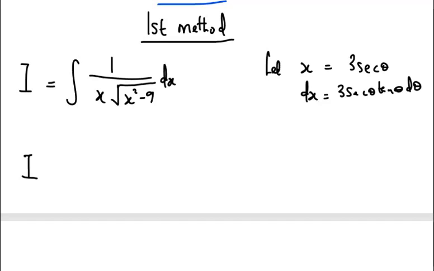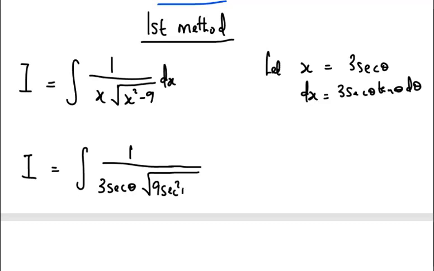So our I, in terms of the secant of theta, is going to be the integral of 1 all over x, which is 3 secant of theta, multiplied by the square root of x squared, which will be 9 secant squared of theta, and then minus 9, right? And here dx is equal to 3 secant of theta multiplied by the tangent of theta, and then we have our d theta.